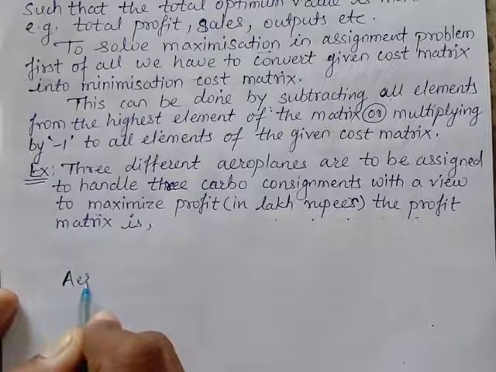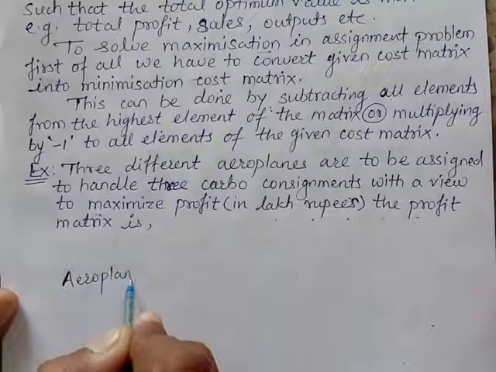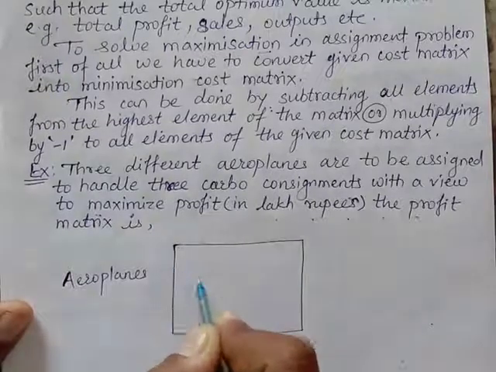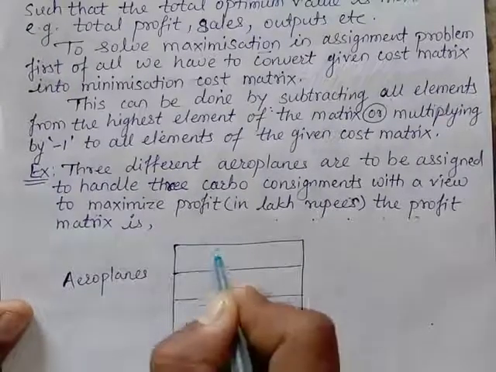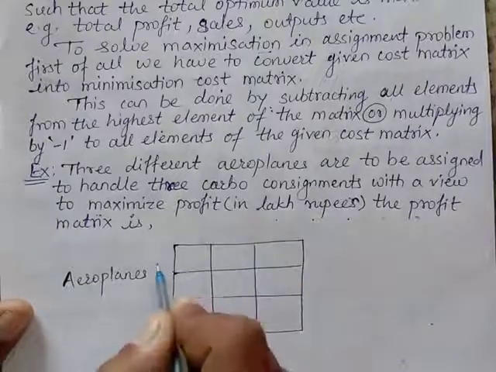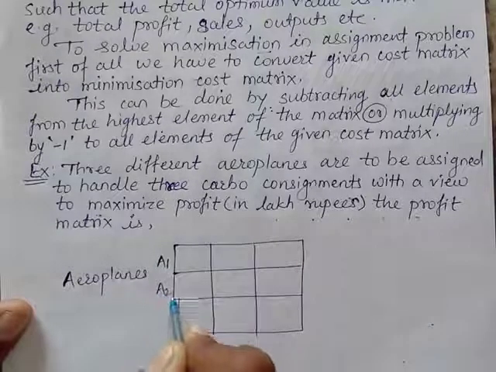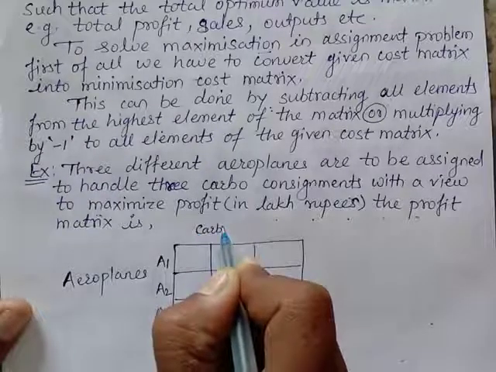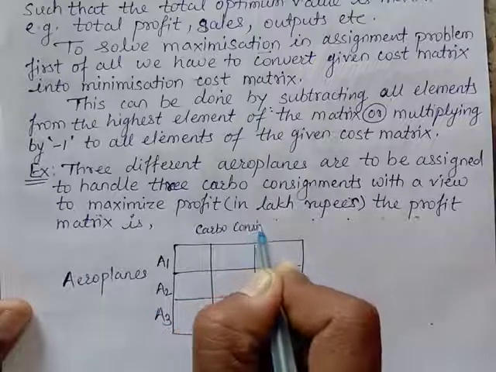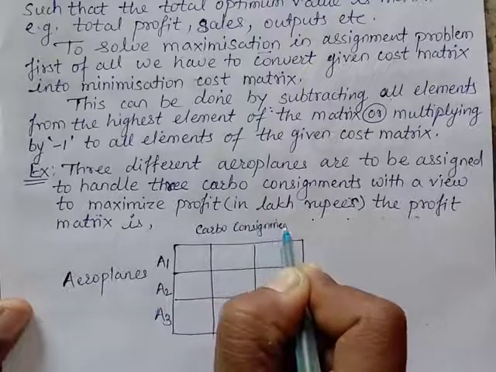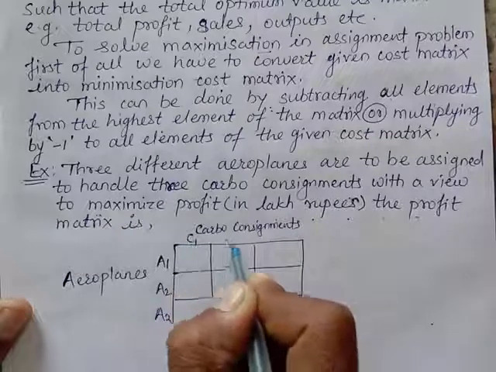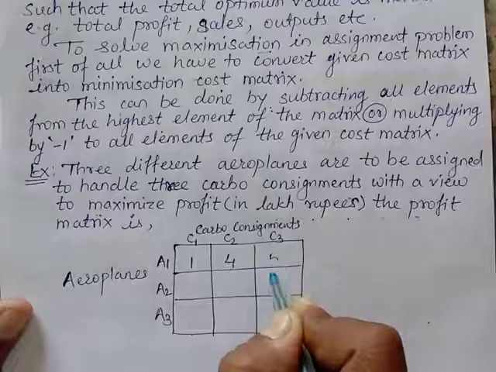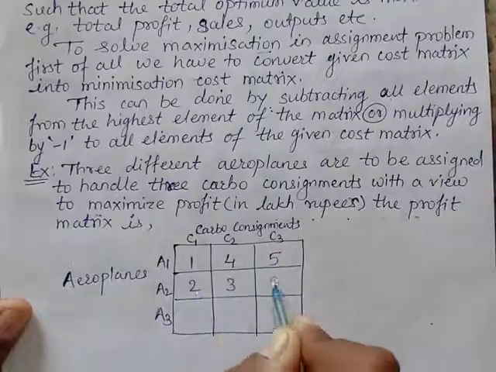Here the aeroplanes are A1, A2, A3, and the cargo consignments are C1, C2, C3, having the profits 1, 4, 5, 2, 3, 3, 1, 2.